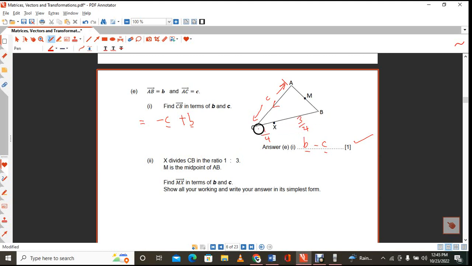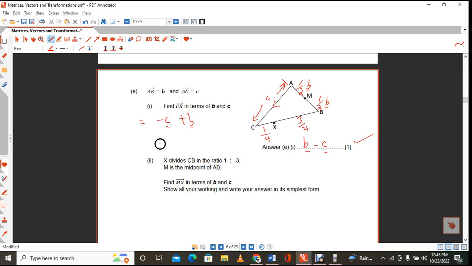Okay? So whatever CB is, if you have to find CX, it will be 1/4 of CB, if that was the question. What we also know is that M is the midpoint of AB. So this is going to be a half of B. Even this one is a half of B, because that's like half of AB.